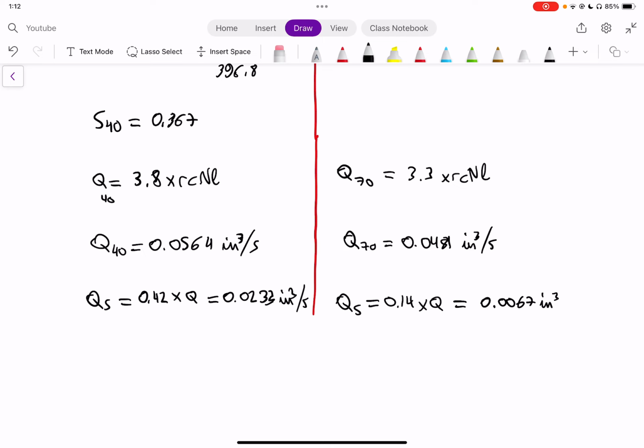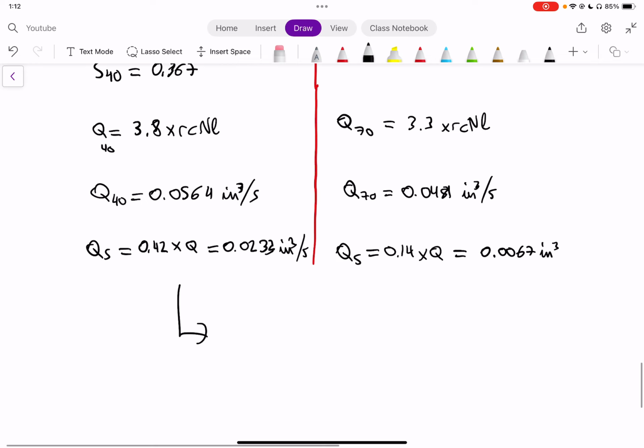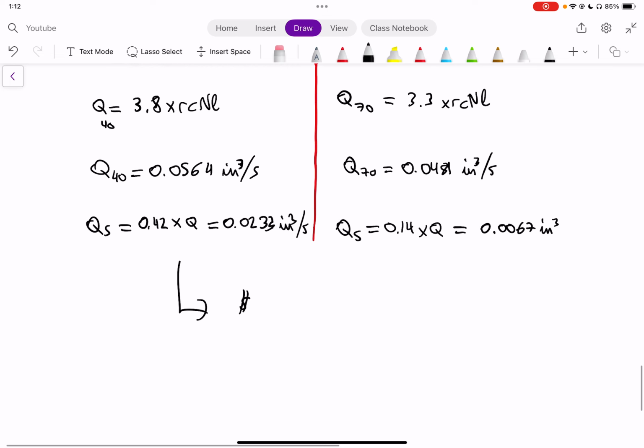My last step: my QS gives me how much I'm wasting per second, and the next thing I want to find is, in dollars per second, or cost per second, how much I'm going to be losing.